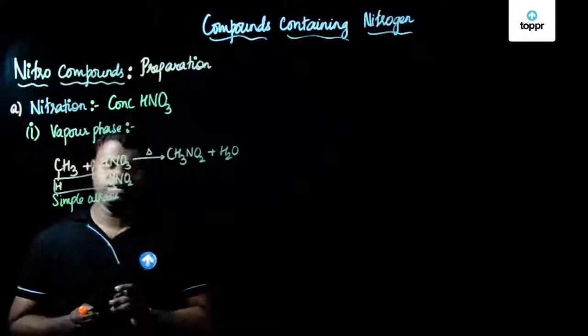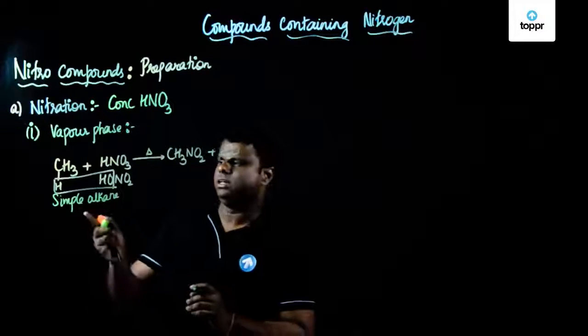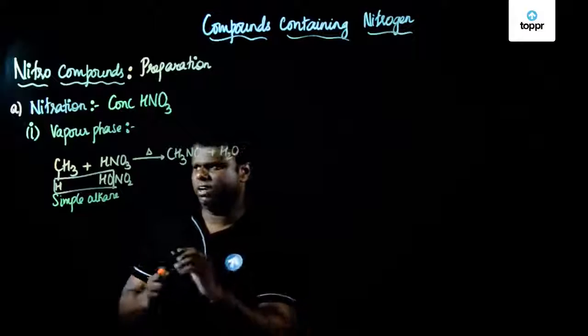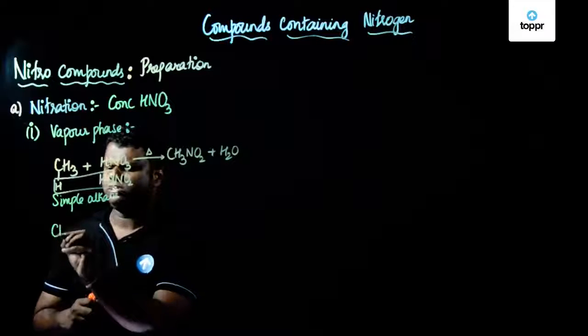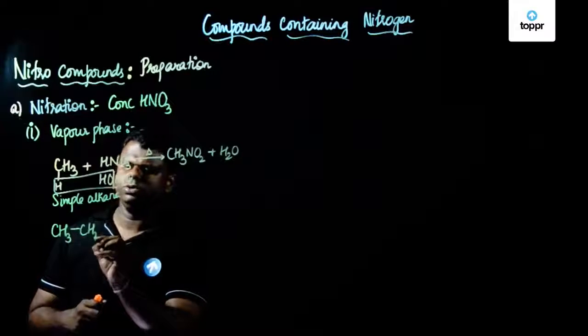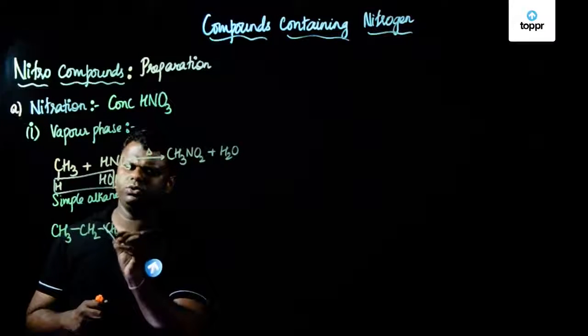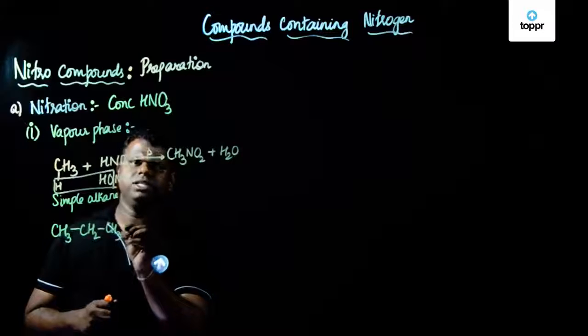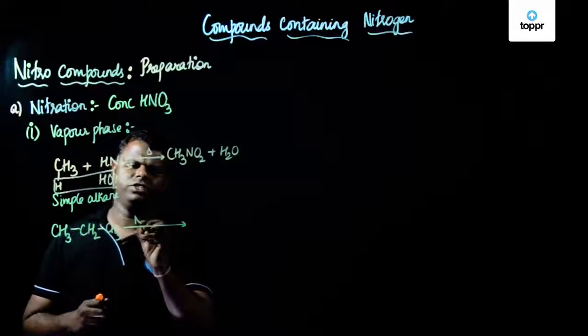Now we are going to study what would happen if you have a chain of carbon atoms. Let's say you have something like this, CH3, CH2 and CH3.